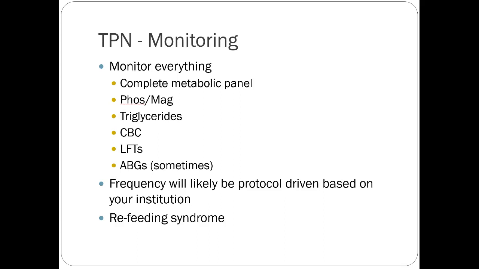Usually it's fine, but we do monitor the labs to make sure the phosphorus isn't bottoming out immediately. But again, we're trying to replace that if we can and test that. So there's usually fail-safes in place for that type of stuff.